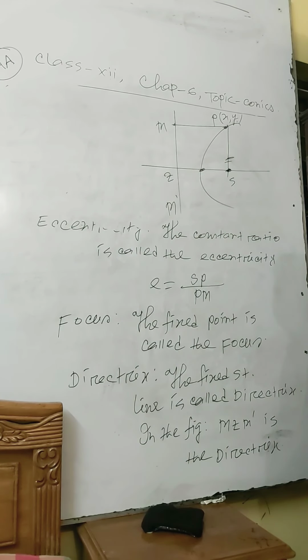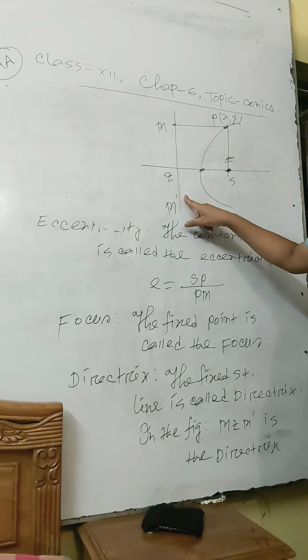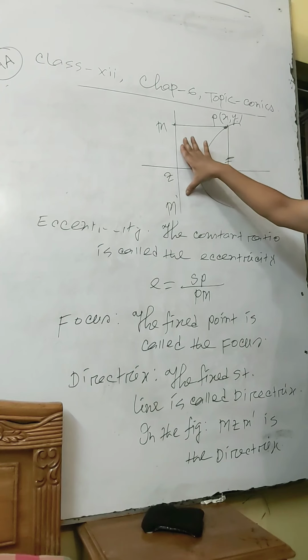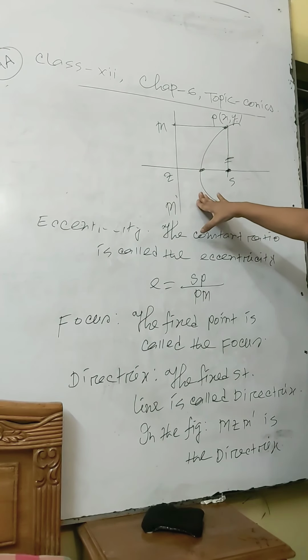Again I reply, this is the moving point. The distance from the moving point to the fixed point and the distance from the moving point to the directrix, this is known as conic. This is the fixed point, which is known as focus, and the fixed straight line is known as directrix.